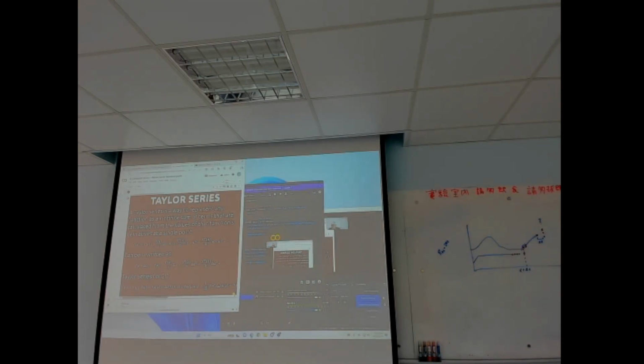Here is the point that I want to interpolate. I can also rewrite that as x plus some small displacement. It's equal to the value of x plus our first order term times delta x, and then second derivative divided by 2 factorial multiplied by delta x squared plus third derivative divided by 3 factorial multiplied by delta x cubed.